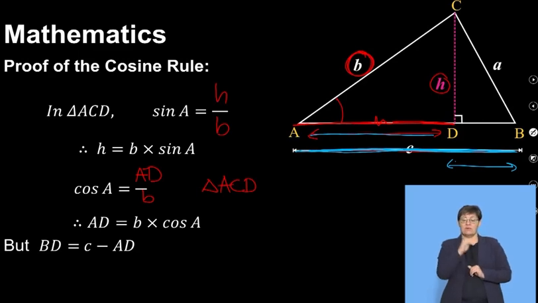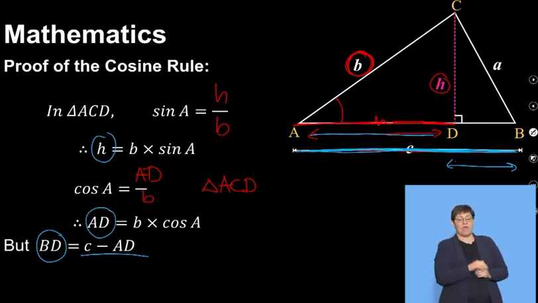So I'm going to write BD as c minus AD. This will help us with our proof, as you'll see in just a minute. Okay, so we've got an expression for h, we have an expression now for BD, and we have an expression for AD.